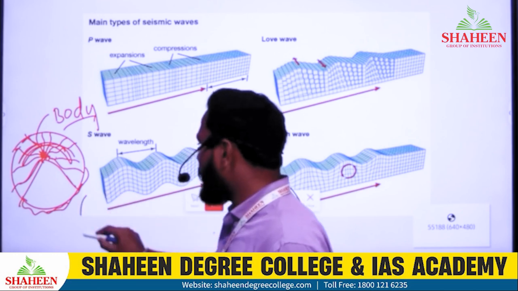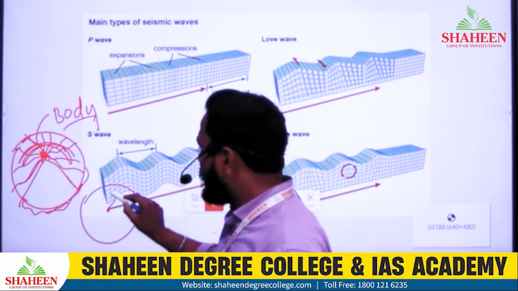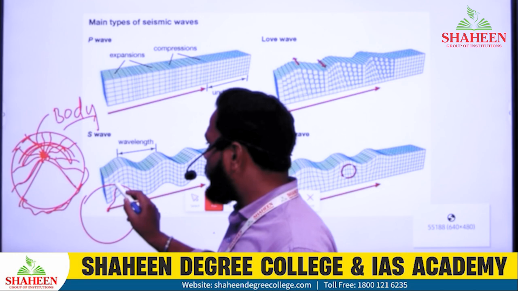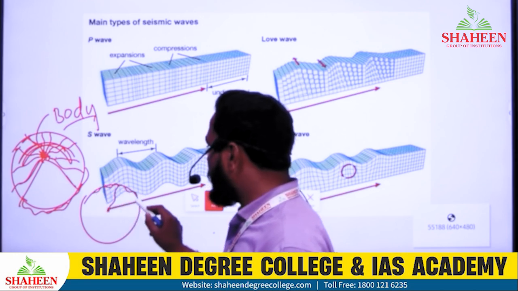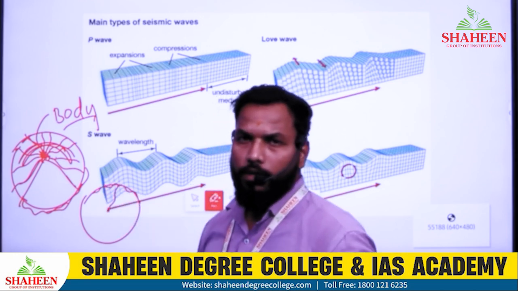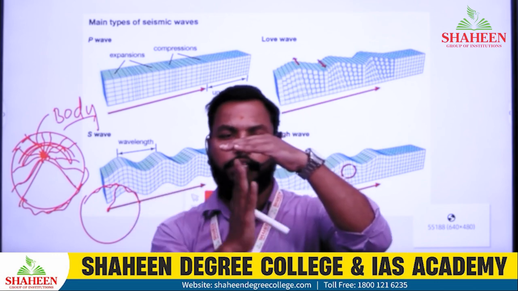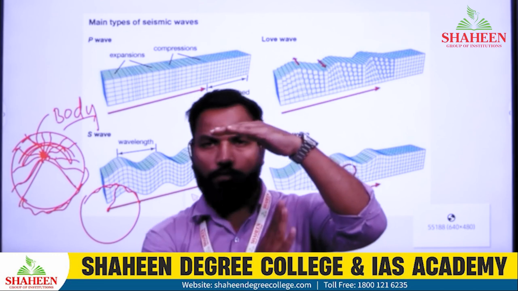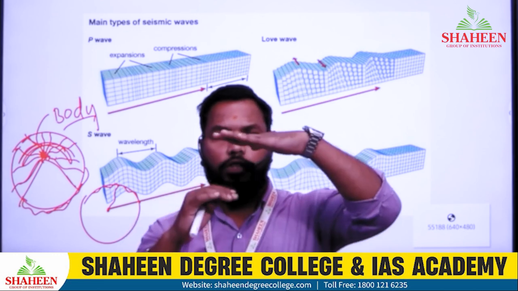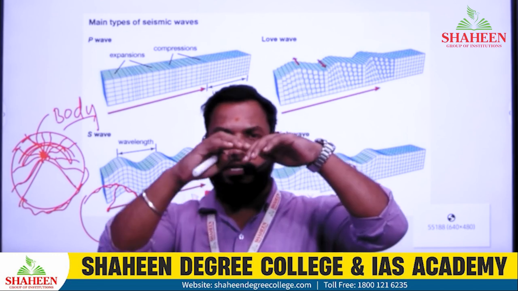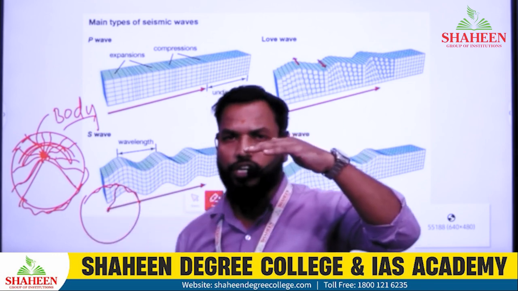The wave which travels here, thereafter the energy transfers like this, horizontally. Imagine this is the earth surface, and the energy is being transferred in this form. When it reaches, all the earth starts moving in this fashion, right? That is why so much destruction is taking place.